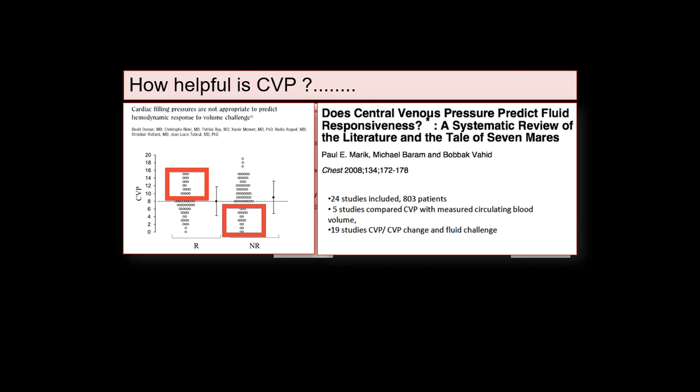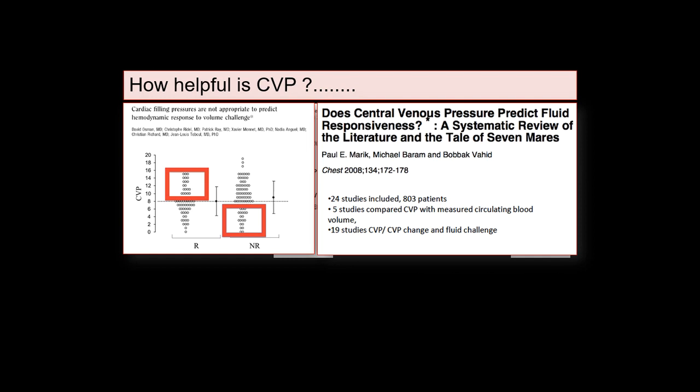Other studies have shown the CVP in responders and non-responders to fluid challenge. As you can see, there are almost equal numbers of people where the CVP has gone up with the fluid challenge and where there is no response in the CVP. So it is difficult to assess whether CVP has some effect on fluid responsiveness or not.